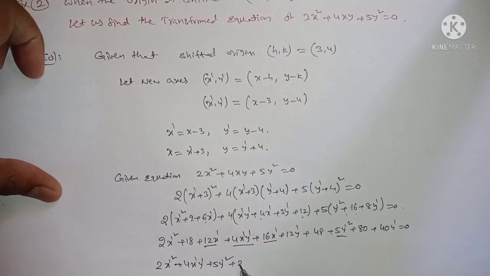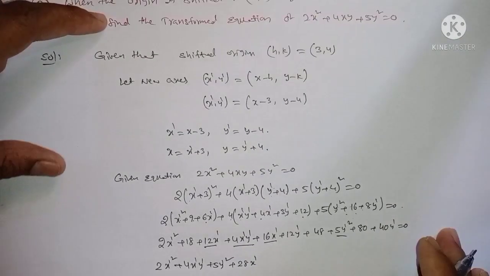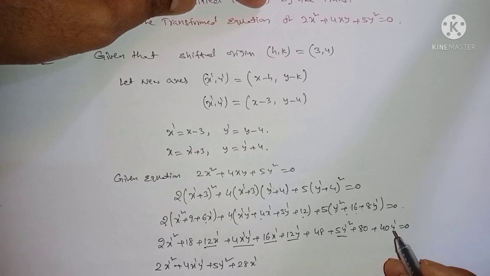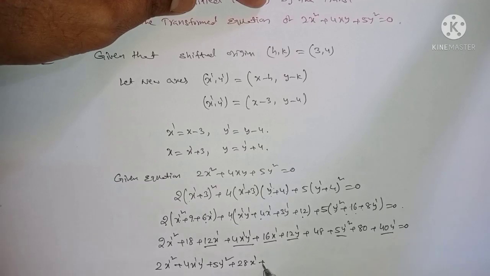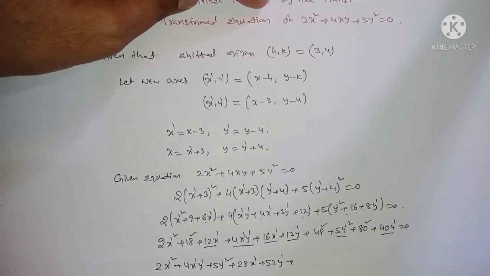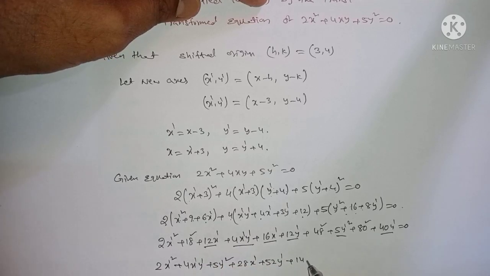Therefore plus 28x, and the y terms are 12y and 40, that is 52y, and the constant is 18 and 48 plus 80, which is nothing but 146. Okay, 8, 8, 16, that is 146 equal to 0.